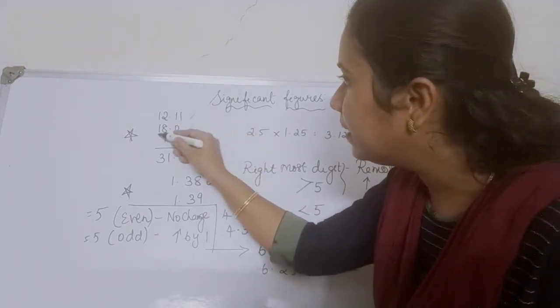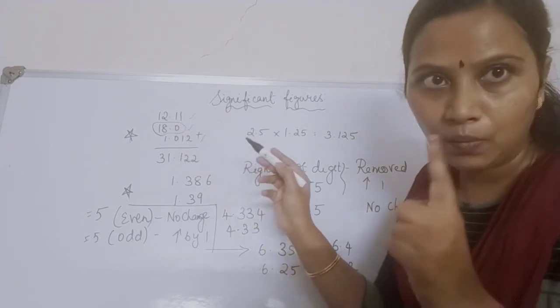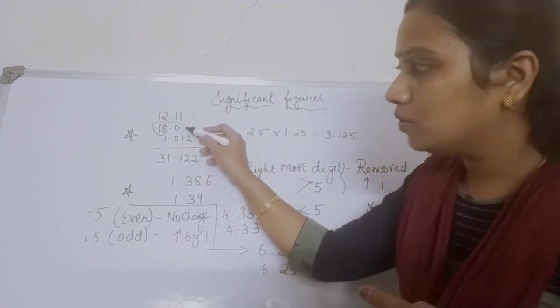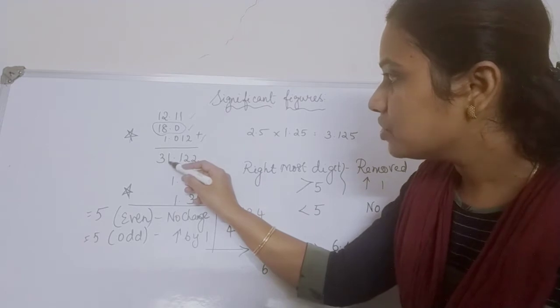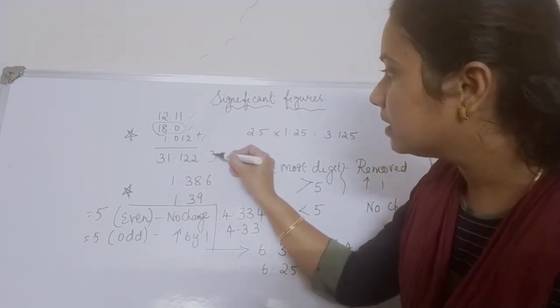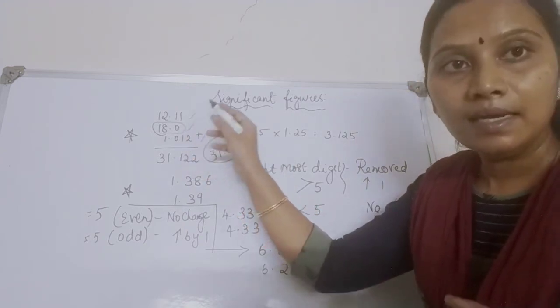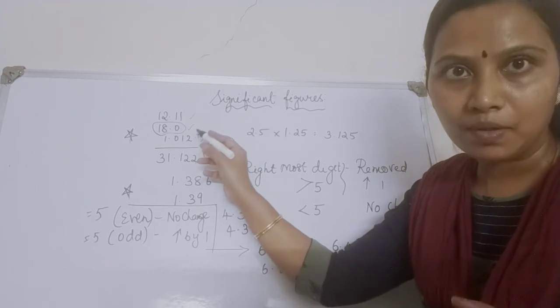Say for example, 18.0 has only one digit after the point. So I am supposed to round to this value. So what is my answer, children? 31.122 I am supposed to round off like this, that is 31.1 is the answer, because I have taken the number which has the fewest decimals.